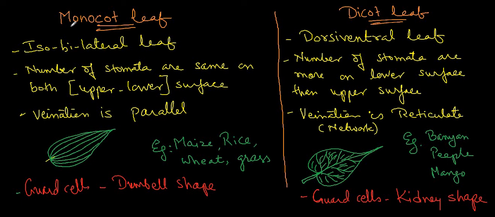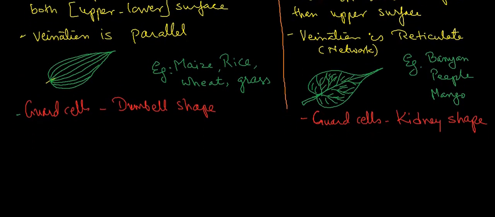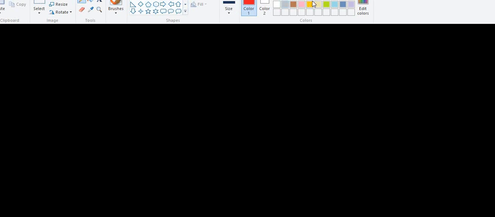Here we are not going to talk about monocot leaf, we are going to talk about dicot leaf. So we are going to take a dorsiventral leaf and we are going to experiment to find out whether the lower surface transpires more or upper surface transpires more. If lower surface is transpiring more, that means it has high number of stomata.